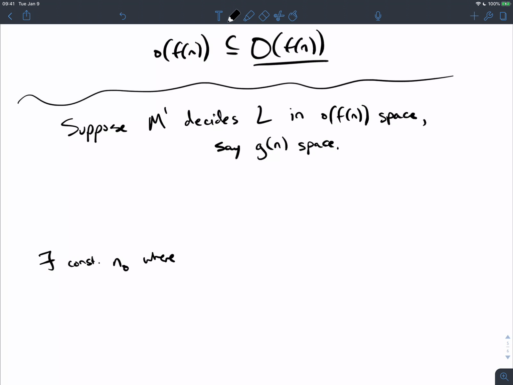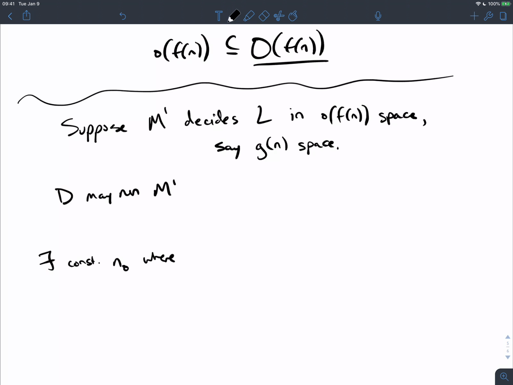Well, remember, D can take this input W that can encode any machine. It could encode M prime in this case. So D may run M prime on some input. And then M prime uses, by assumption, g of n space, but D, as we said earlier, may need some constant times whatever that machine takes.